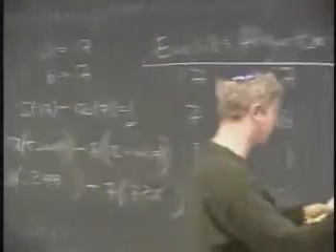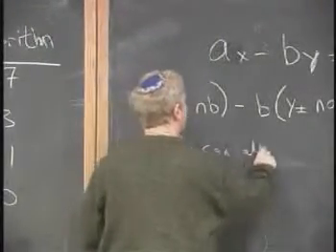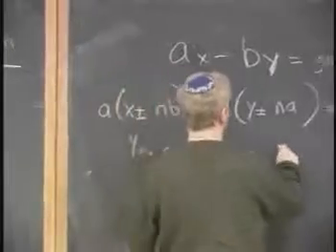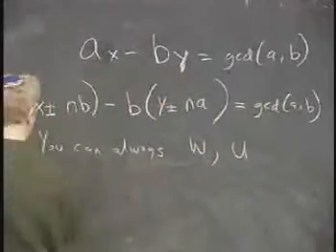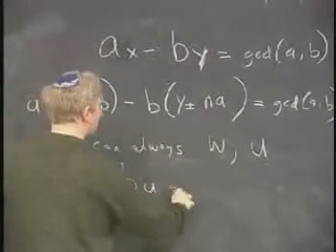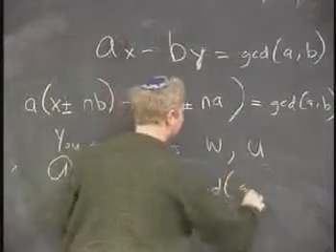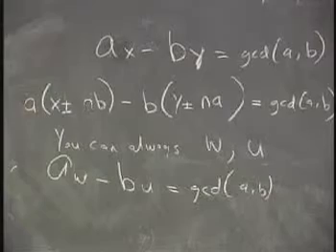So I'm going to write this out rigorously here. You can always pick, say, w and u, where aw minus bu equals the GCD. And I'm going to give you restrictions now on w and u.